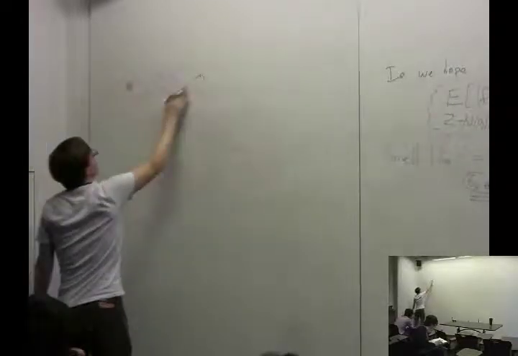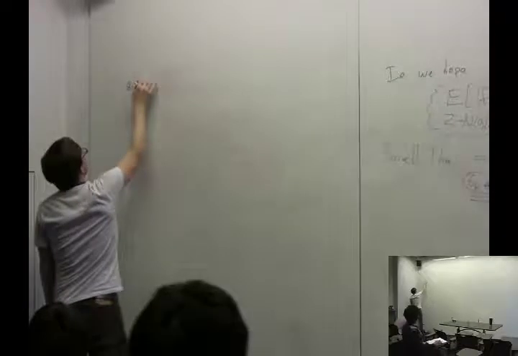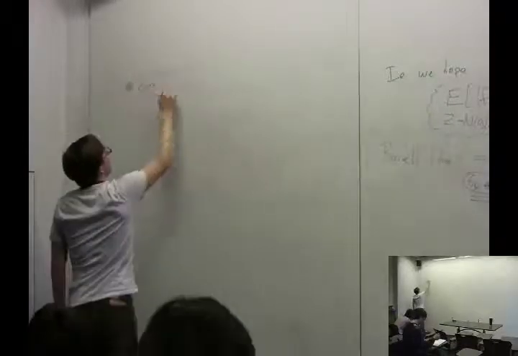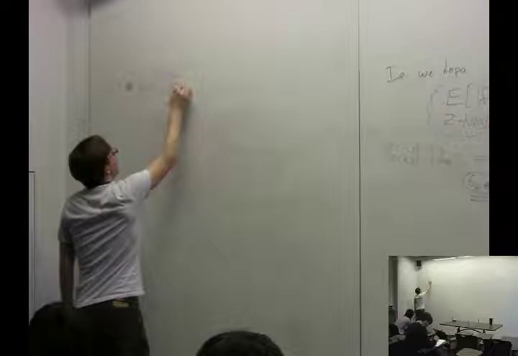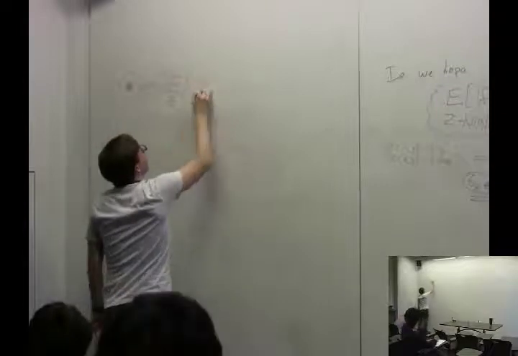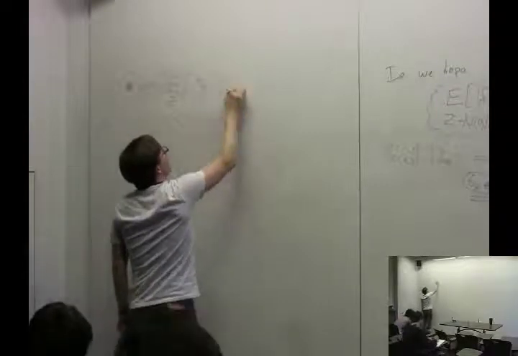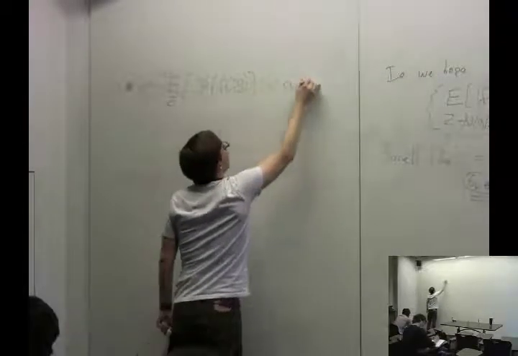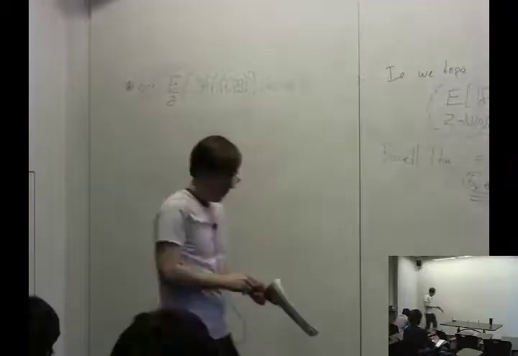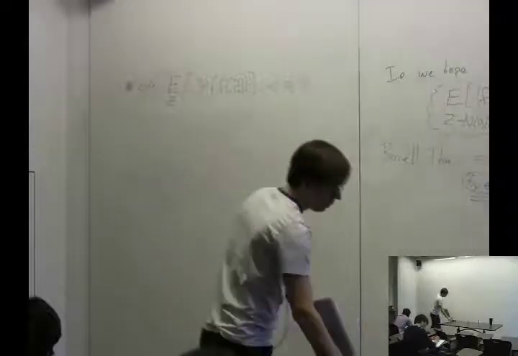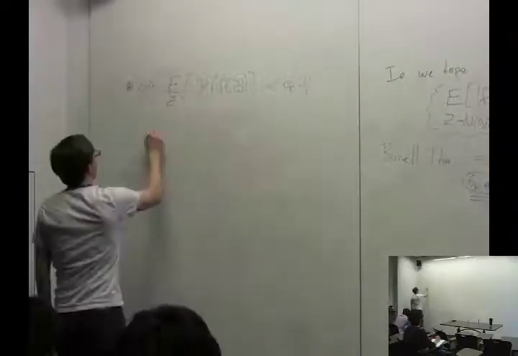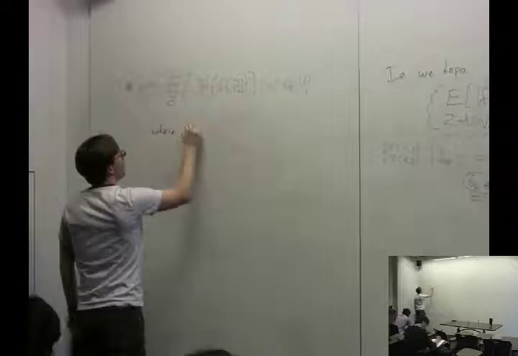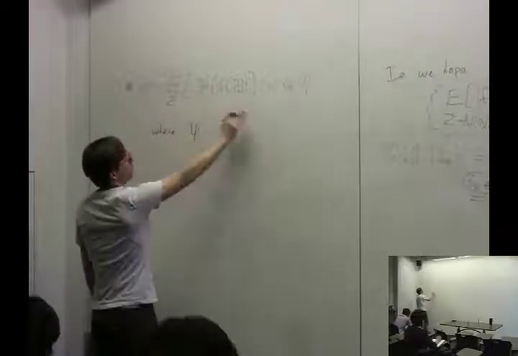First thing I want to say is that this condition star that I'm shooting for is equivalent to saying that the expectation under Gaussian z of psi of f of z is small, where psi is a special functional. I'm trying to set it up so it looks like invariance.